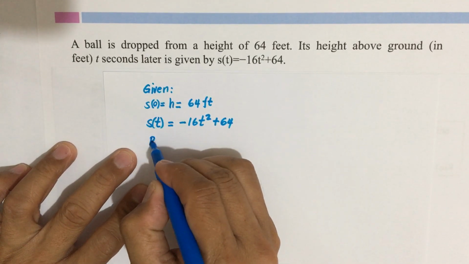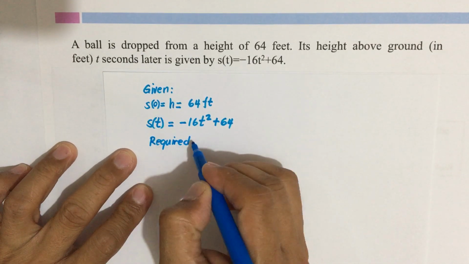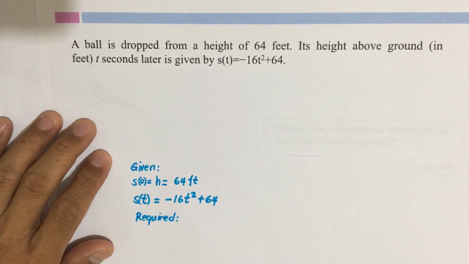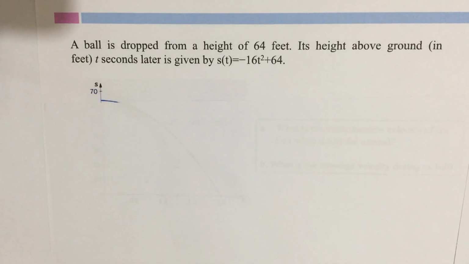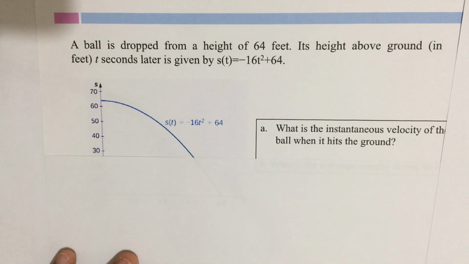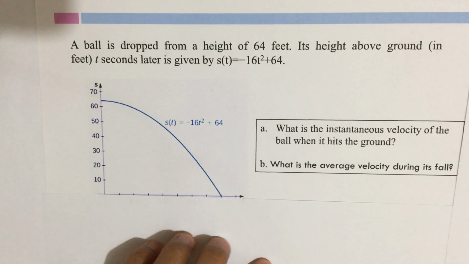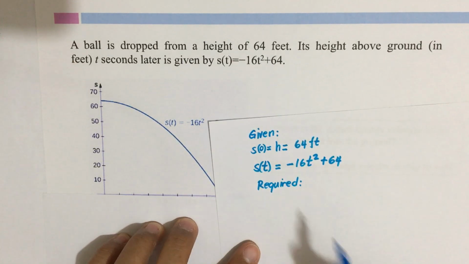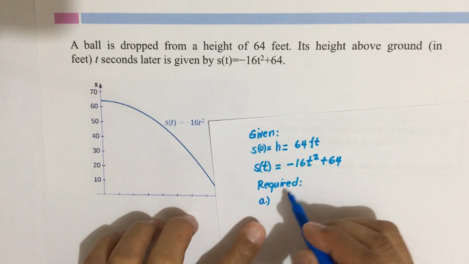And what is required in the problem? Okay, so it is illustrated in this graph. So the requirement is, what is the instantaneous velocity of the ball when it hits the ground? Okay, so we have two requirements.